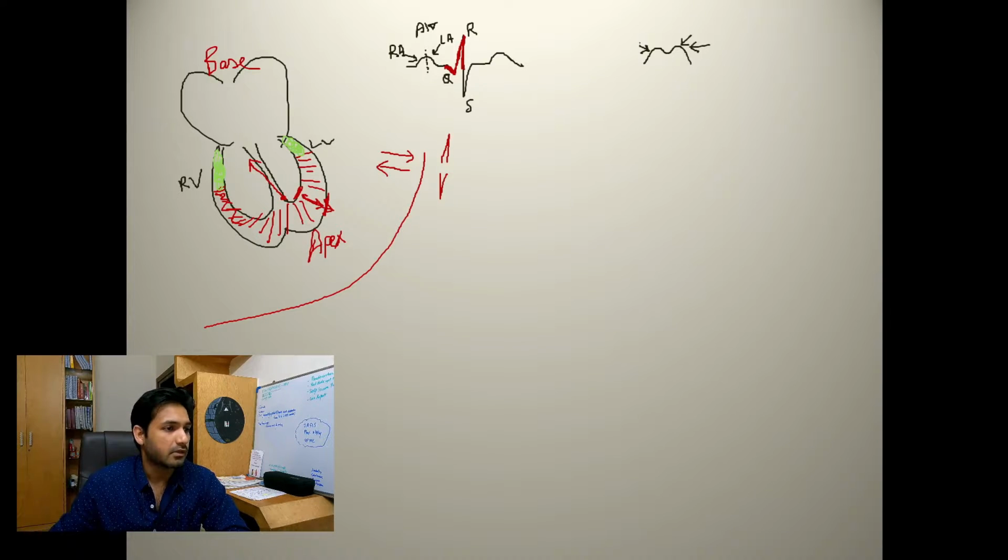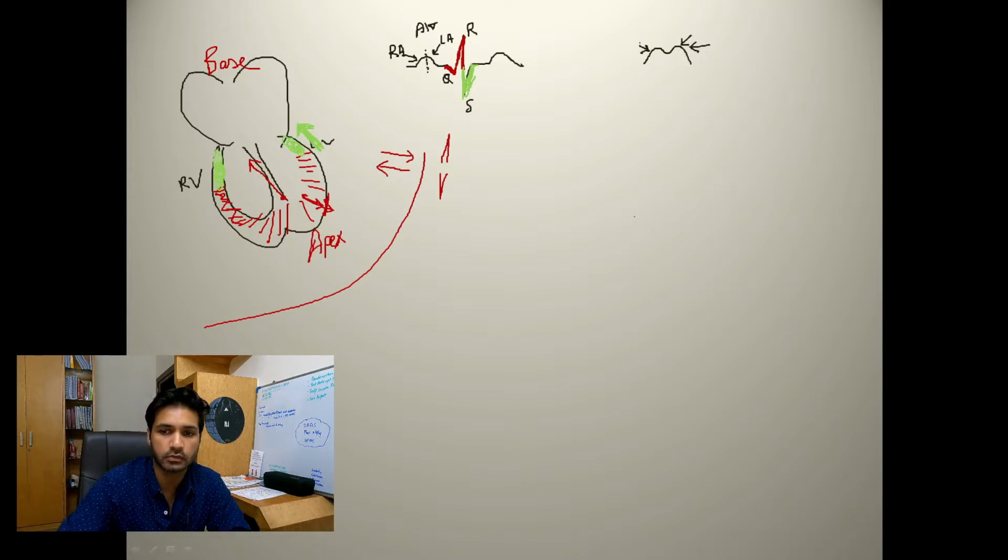Now over here we see that the electricity is traveling in the opposite direction. This is a positive current, depolarization, which is traveling in the opposite direction of the leads, so it gives you a negative deflection. Now again, when all of the cells are in phase with each other, it reaches back to the baseline. It goes back to normal, to zero.